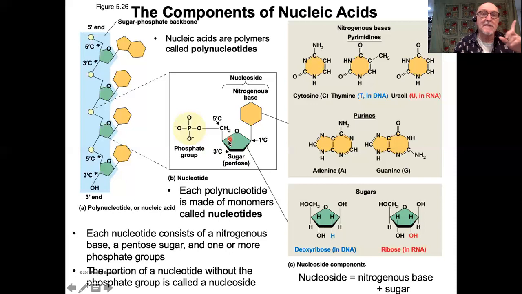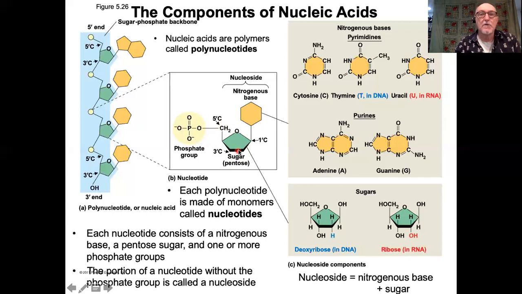But the next thing is, don't worry about 4, there's this carbon there. All we need to know about that is that it has this group attached to it here. The 5th carbon is attached to the 4th, but attached to the 5' carbon is a very important group. It's a phosphate group there. And you'll see why that is so significant in a second.